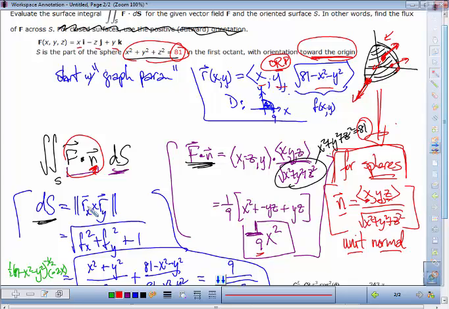Any questions? Those are good questions. Really, the best way to do this is to try problems on your own. So now you only have one flux integral to do. I did this flux integral, and I did another one at the end of last class, so there's one flux integral left in this homework set.